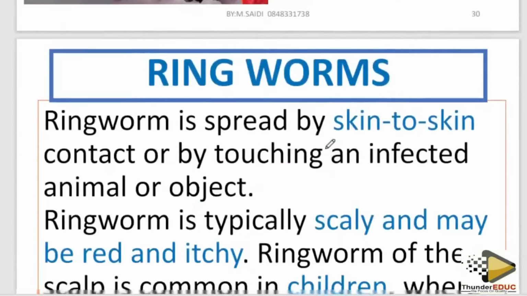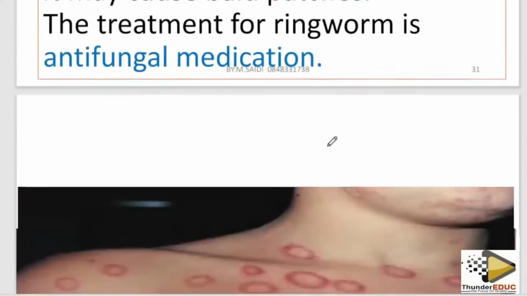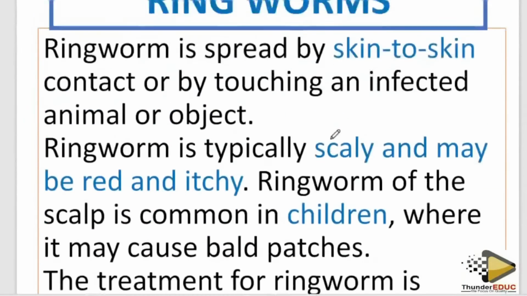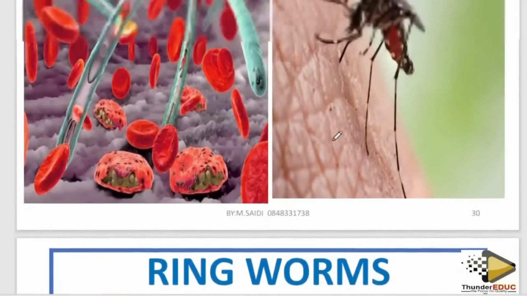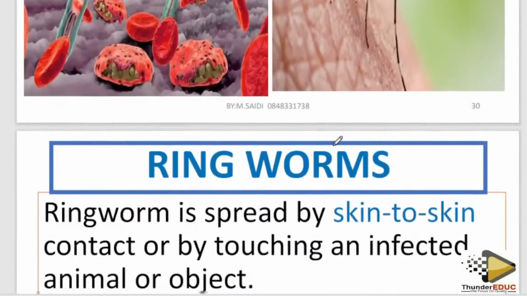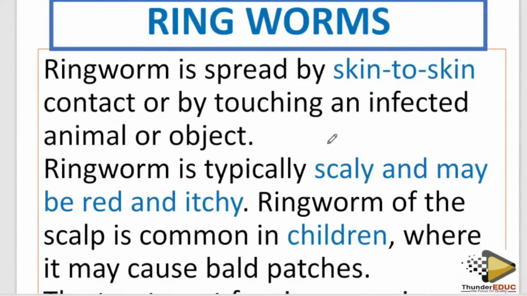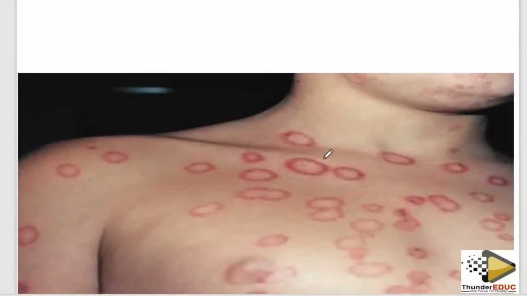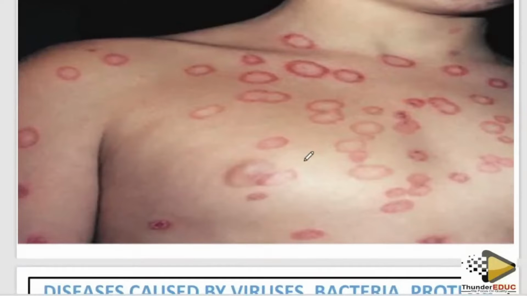Ringworm, yes. If we bring a disease, it is caused by bacteria or by a fungi, but it might not be ringworm, because another teacher might be doing another. So it will be a general question, not necessarily exactly that.